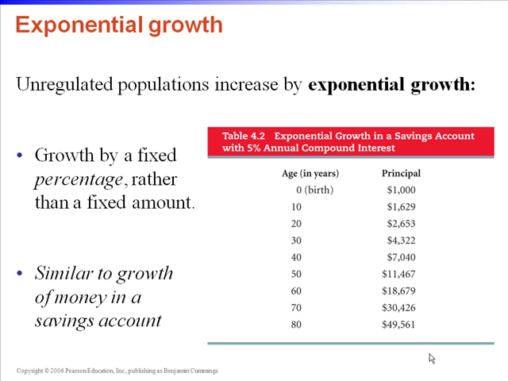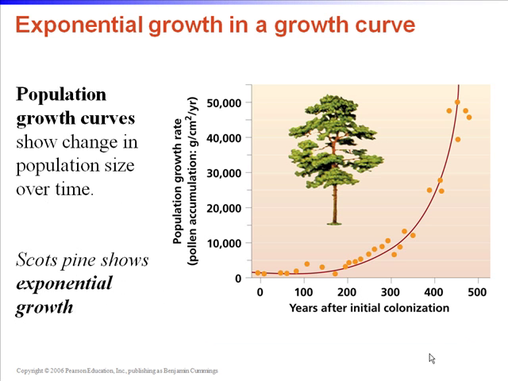And this is similar to growth in a savings account, in this example, you can see 5% annual compound interest. Here's exponential growth in an actual population. This is Scots pine. The exponential growth is shown in pollen accumulation.